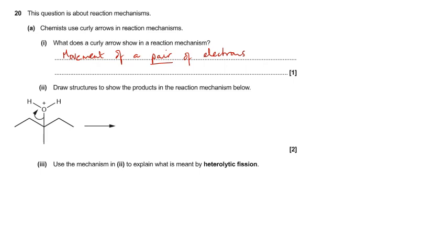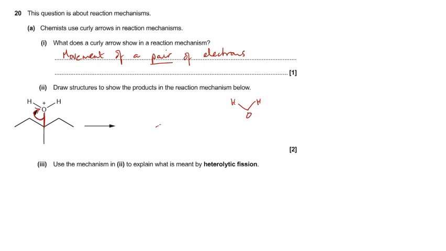Okay, in part 2, if we're looking at this bond here, and the electrons in that bond leave and stay with the oxygen, then you're going to get a normal water molecule without the plus charge, because the oxygen has taken both the electrons in that bond.